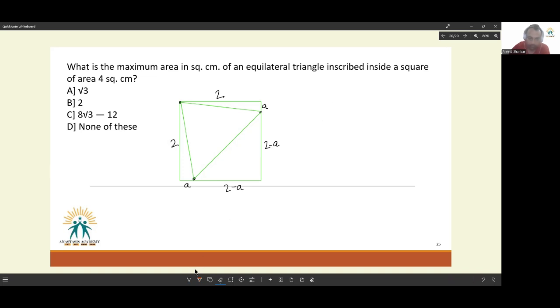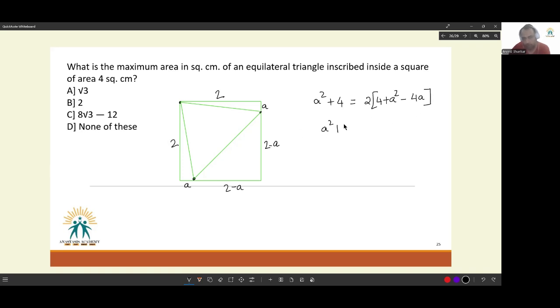So, I will now have A square plus 4 is equal to 2 minus A whole square into 2. So 2 into 4 plus A square minus 4A.